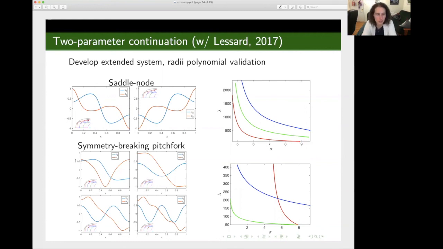In order to have a symmetry breaking pitchfork that we can prove, our extended system theory was for Z2 symmetry. And in order to have a symmetry breaking pitchfork that breaks the Z2 symmetry, we need that the symmetry of the solution at the bifurcation and the symmetry of the kernel, or I should say the function that spans the kernel, have to be different.